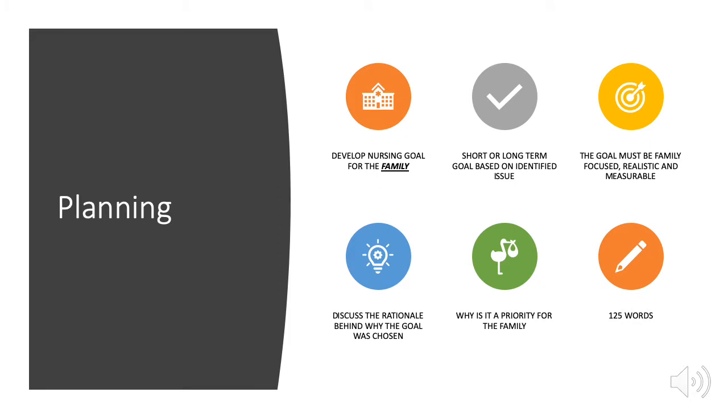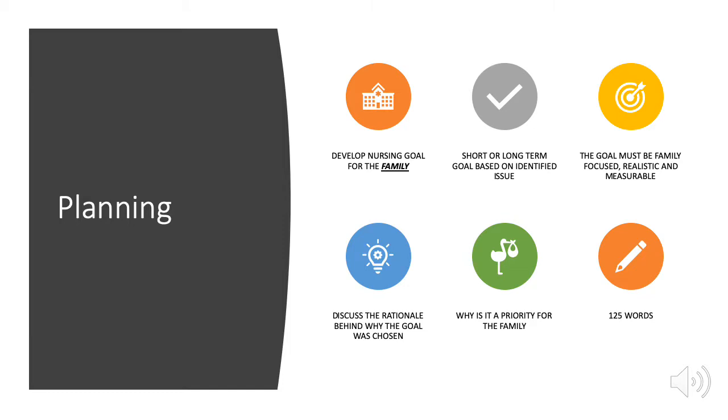Looking at part one, still in part one of the assignment, and we're looking at the planning. So you have identified the problem previously. Now, from that problem or challenge that you identified, we now want you to come up with a nursing goal for the family.